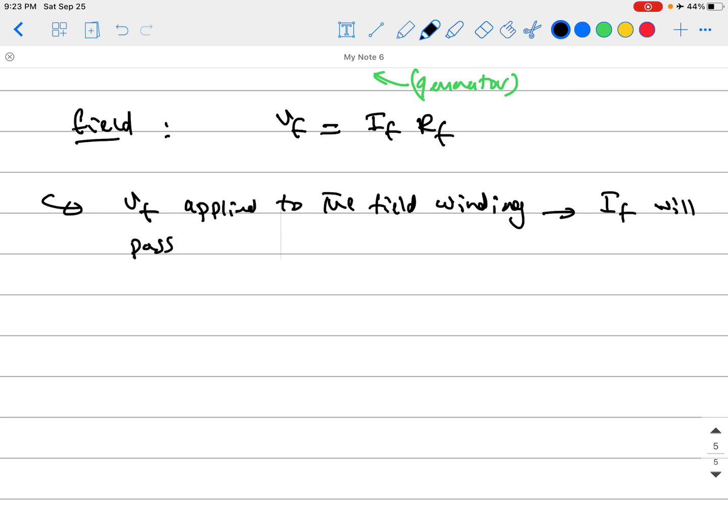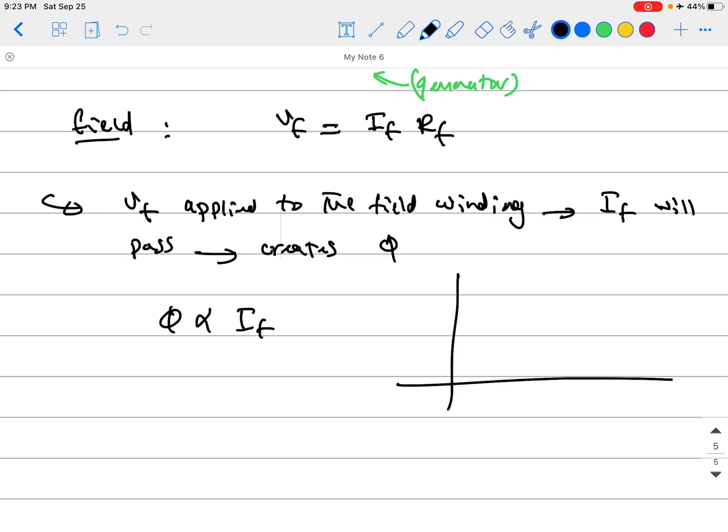And this IF creates the magnetic field phi. So phi is directly proportional to IF. If we try to draw IF versus the flux, you will have a linear relationship, just a line like this, until a certain amount of current.